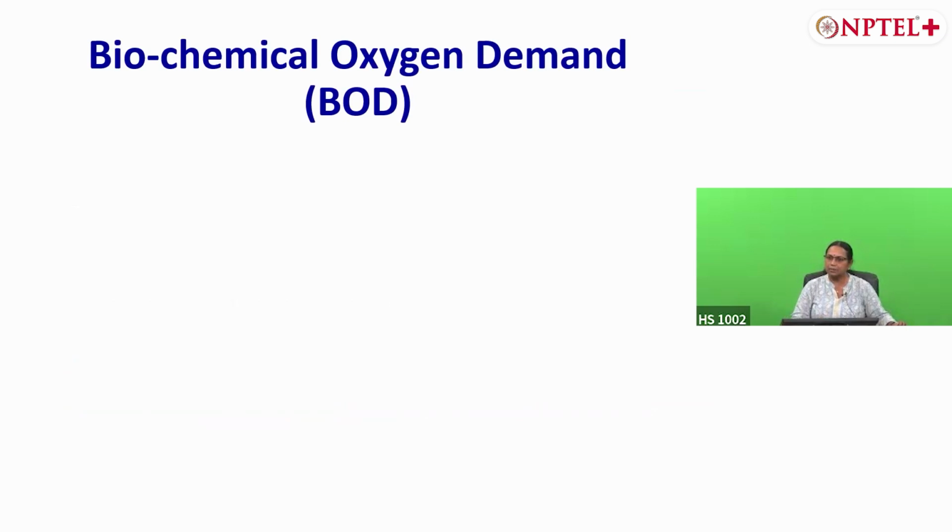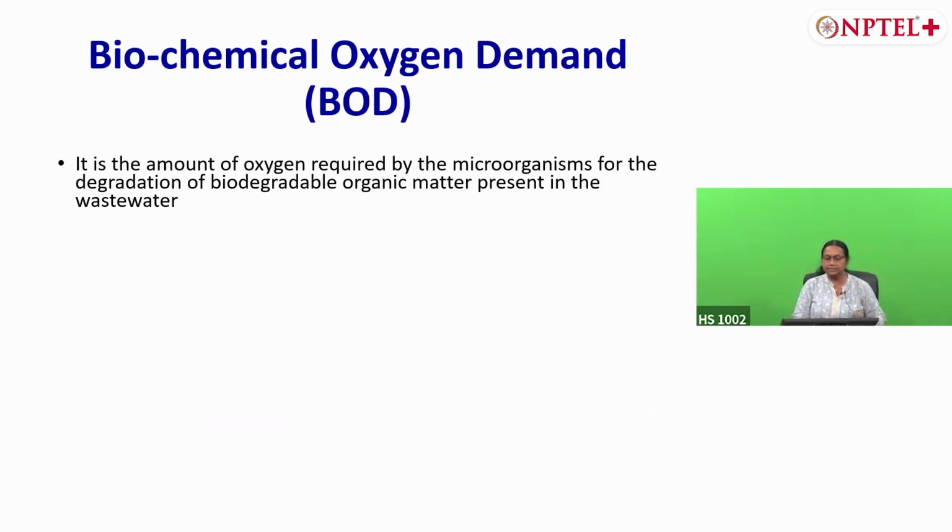So what is biochemical oxygen demand? The definition is, it is the amount of oxygen required by the microorganisms for the degradation of biodegradable organic matter present in the wastewater. Each word is important. That means microorganisms are present along with the organic matter.